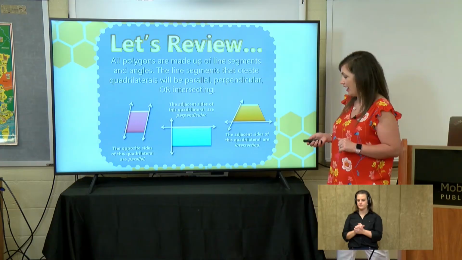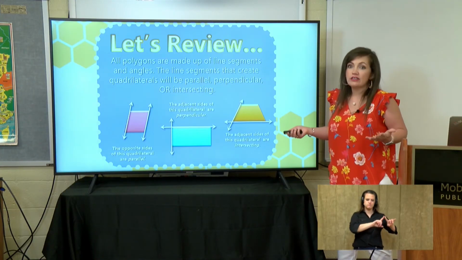So we're going to talk about quadrilaterals. What do you hear when you hear that word quadrilateral? You hear quad, right? Well, that means 4. So when we're talking about quadrilaterals, we're talking about shapes with 4 sides. There's lots of different quadrilaterals we're going to talk about today.